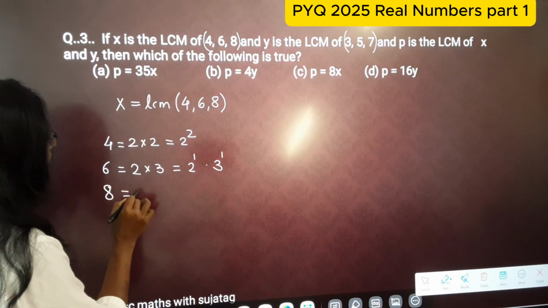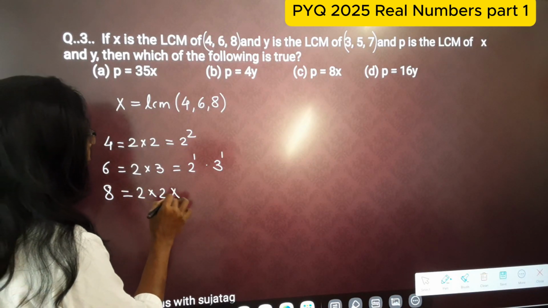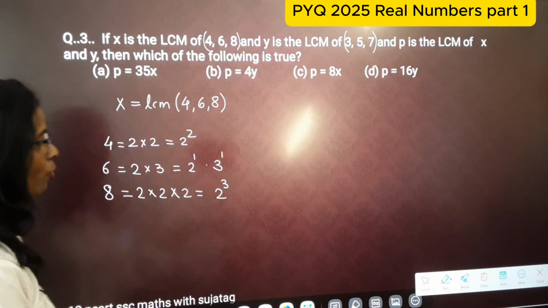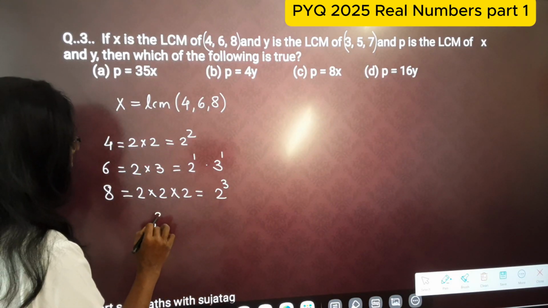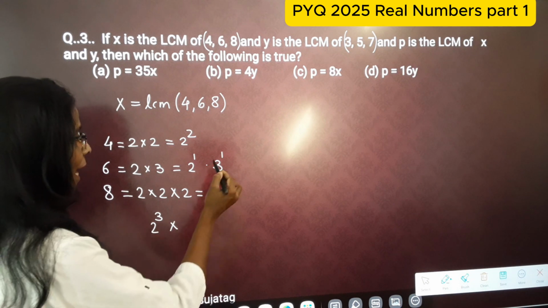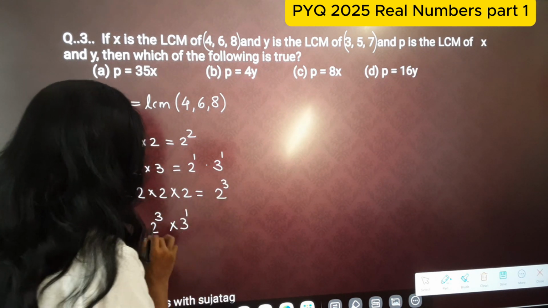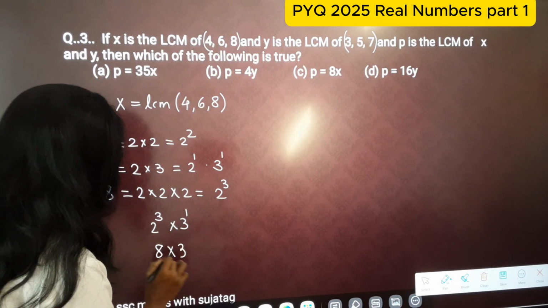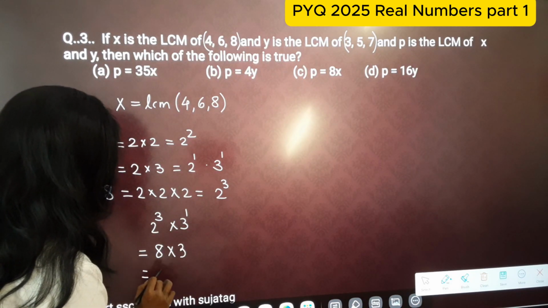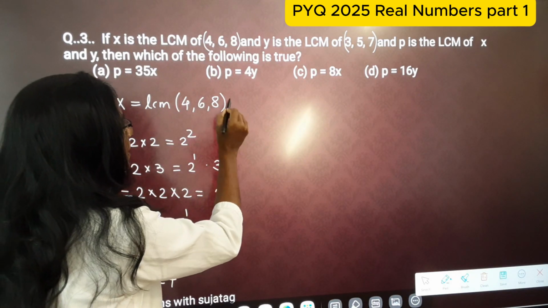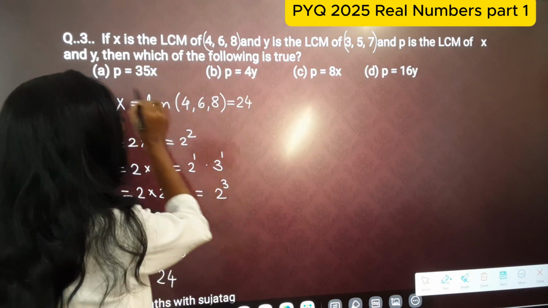Now 8 is 2 cubed. The highest power of 2 is 2 cubed and the highest power of 3 is 3 raised to 1. So 8 multiplied by 3 is 24. So x, the LCM of 4, 6, 8, is equal to 24.